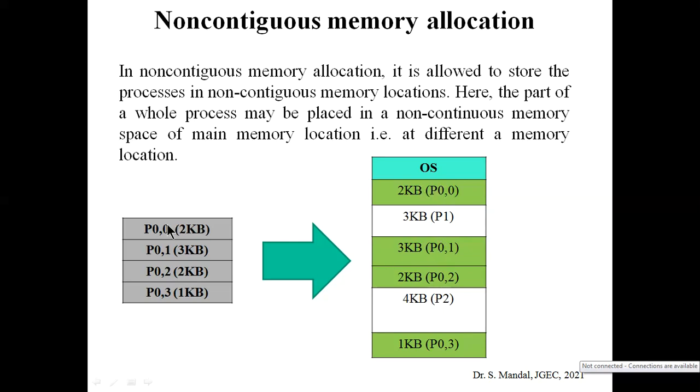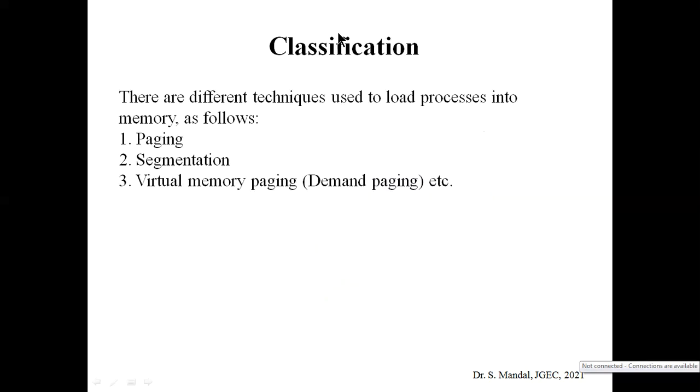But if you consider the P0 process, part of the process is allocated at different partitions. That's why it is called non-contiguous memory allocation. We can classify non-contiguous allocation mainly into three: paging, segmentation, and virtual memory or demand paging. All the details of these techniques will be discussed one by one.